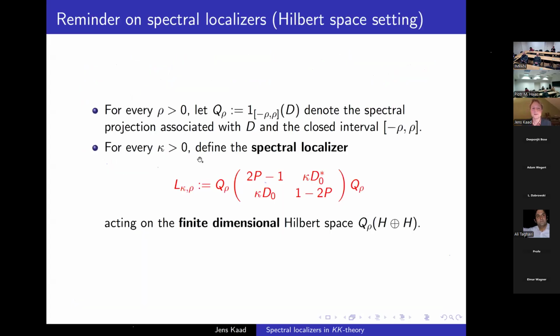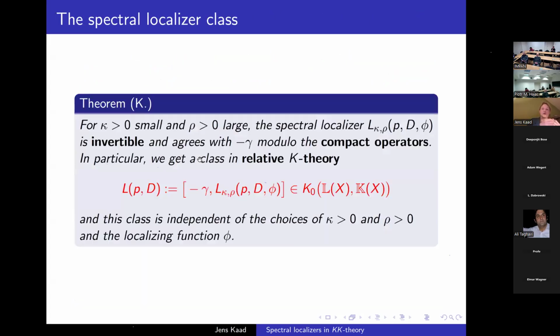So you have this invertible operator on your Hilbert C-star module. It's self-adjoint and it agrees with minus gamma modulo the compact operators. This means that you get a class in relative K-theory, in the relative K group coming from the ideal of compact operators sitting inside the bounded adjointable operators. So you get this class in relative K-theory out of your spectral localizer.